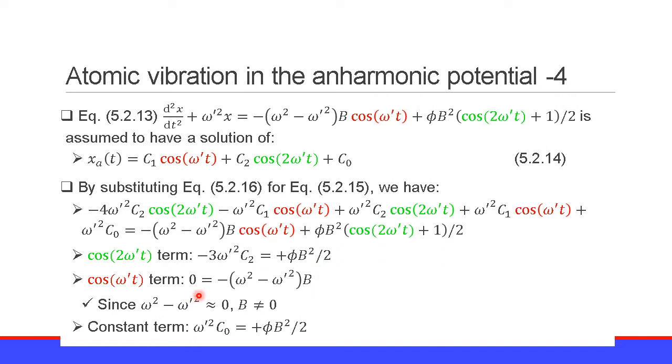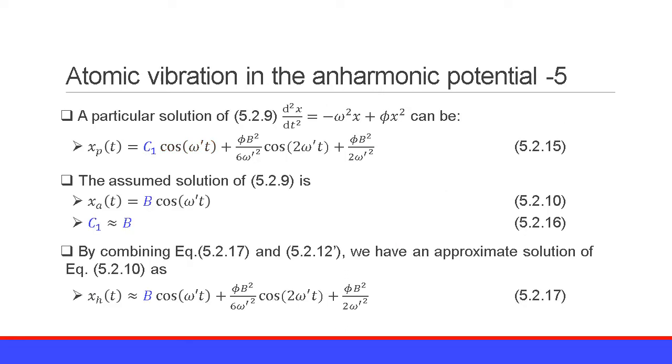The cosine omega prime t term is 0, equal to minus omega squared minus omega prime squared times b. Because we assume omega squared minus omega prime squared is nearly 0, we can consider b is non-zero. And the constant term is omega prime squared C0 plus phi b squared over 2.